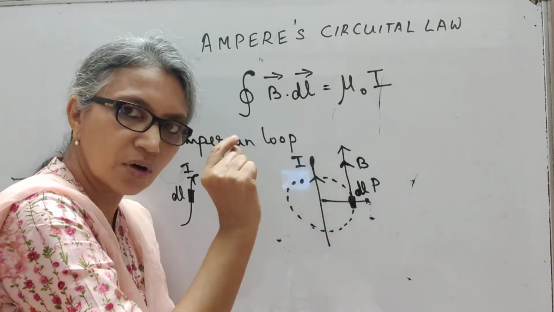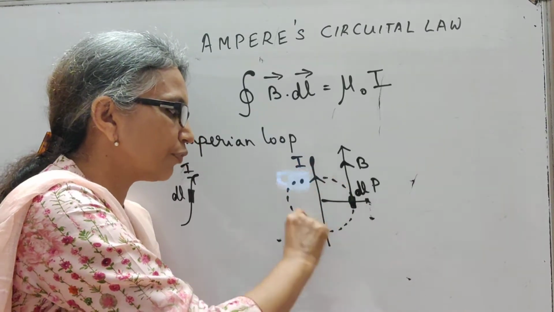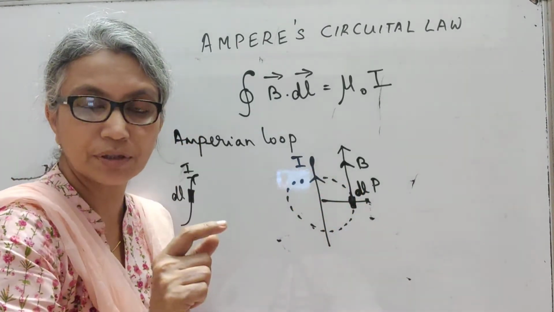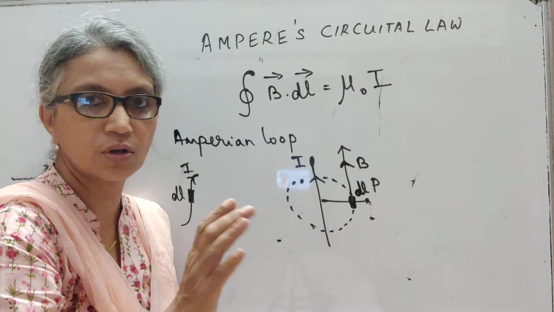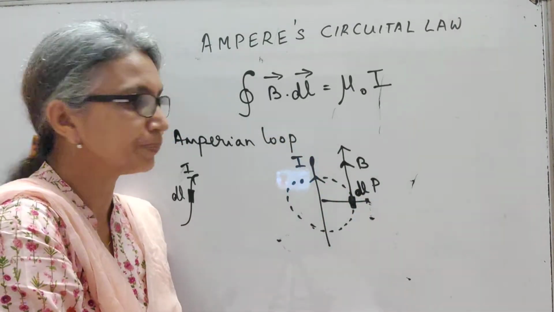So I hope you have understood clearly what dl is in this portion. Here dl is an infinitely small segment which is part of that Amperian loop, and an Amperian loop is a closed loop which encloses the current, where the current is the source of that magnetic field.